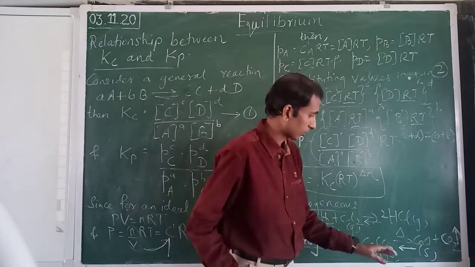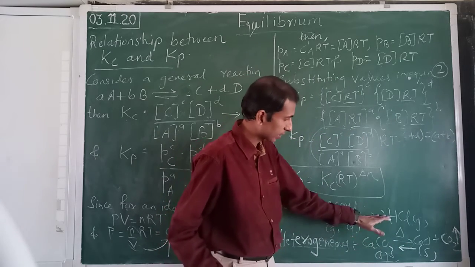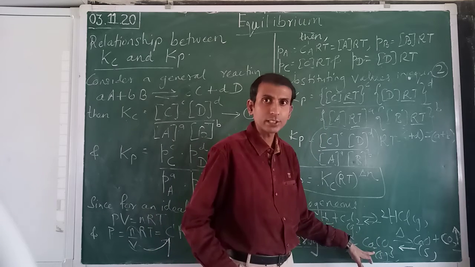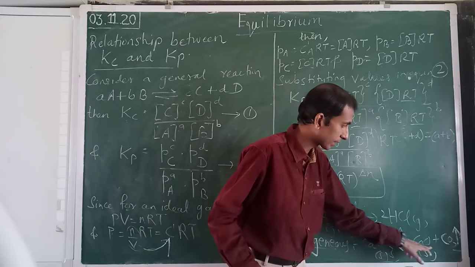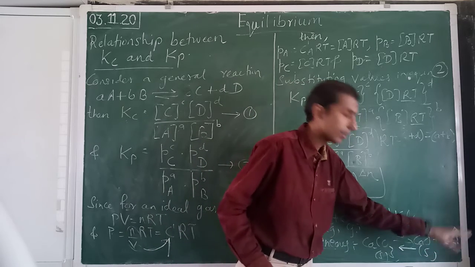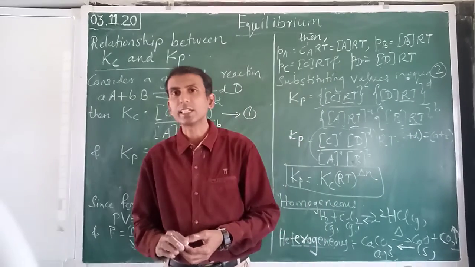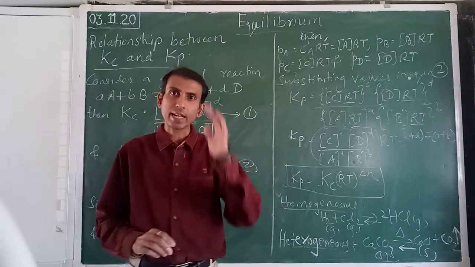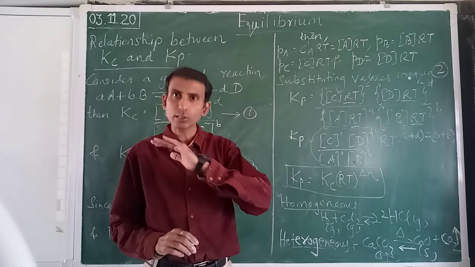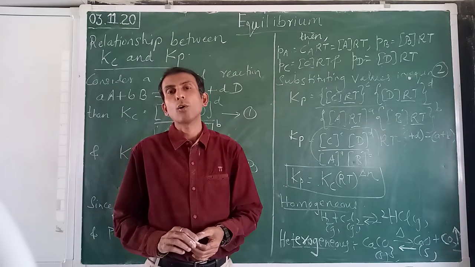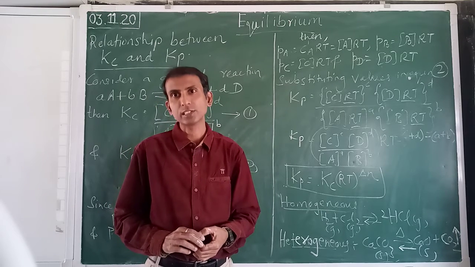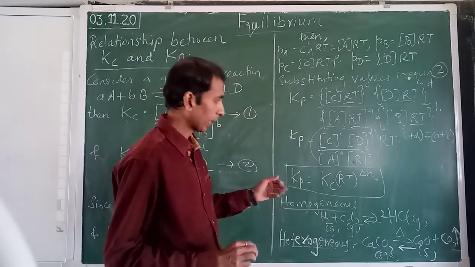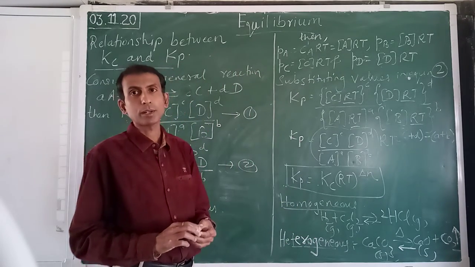What is the difference between this equilibrium and the previous one? Calcium carbonate is in the solid state, the product calcium oxide is also solid, but carbon dioxide is in the gaseous state. That means in heterogeneous equilibrium, reactants as well as products are not all in the same physical state. So these are the two types of equilibrium with examples.